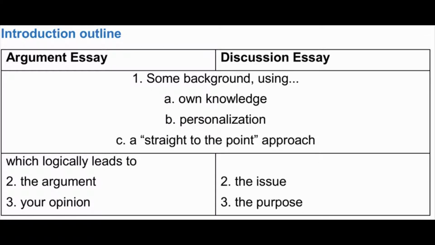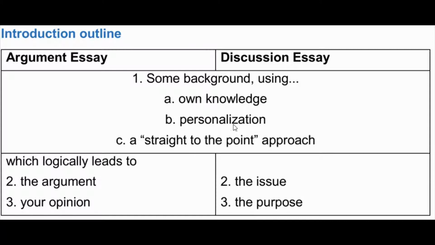Okay, so since we're dealing with an argument essay, let's quickly look at how you can outline your introduction. Your introductions should include some background using either your own knowledge or a personalization of the issue, or you can just get straight to the point.